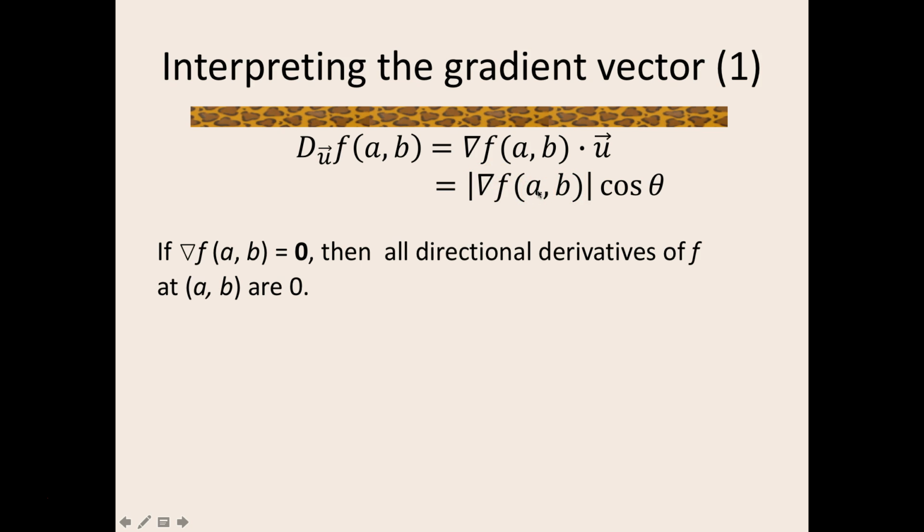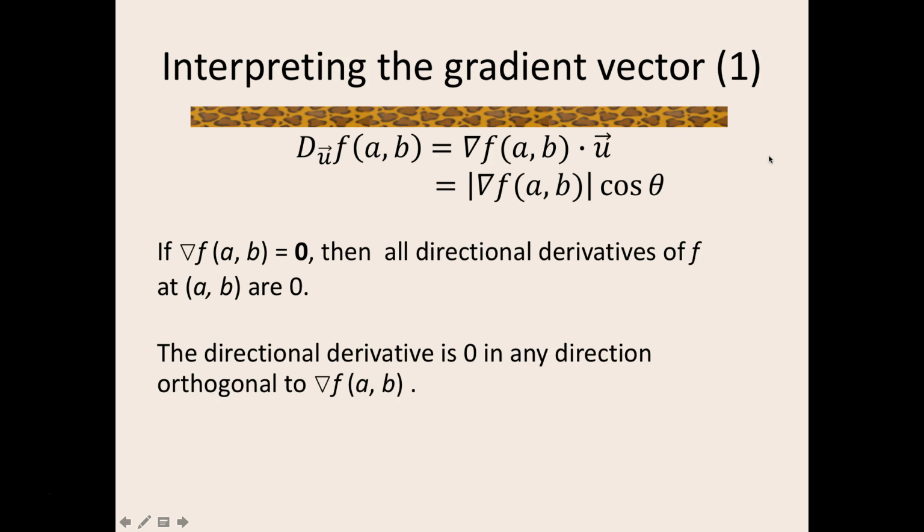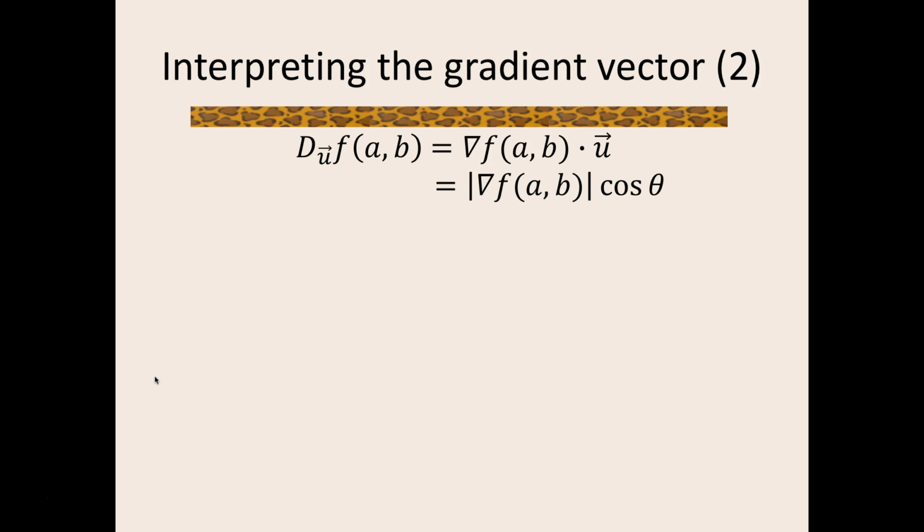Another way that the directional derivative could be 0 is if this dot product is 0, meaning these 2 vectors are orthogonal. So part 2 of that, and this is maybe a little more significant, the directional derivative will be 0 in any direction the unit vector u is orthogonal to the gradient vector. Okay? So important point number 1, let's put a star next to that and move on to part 2.